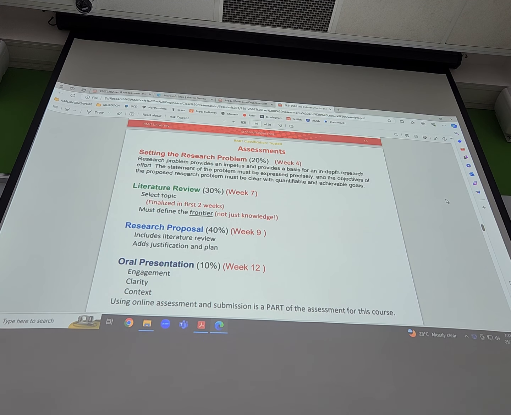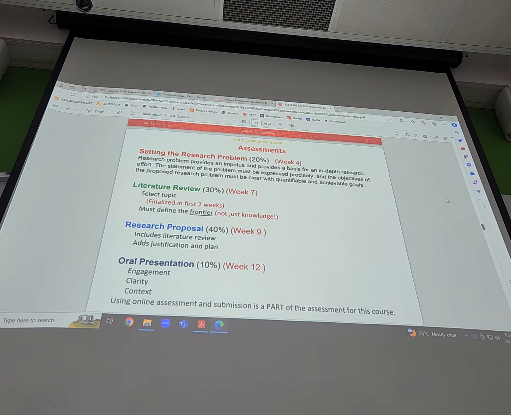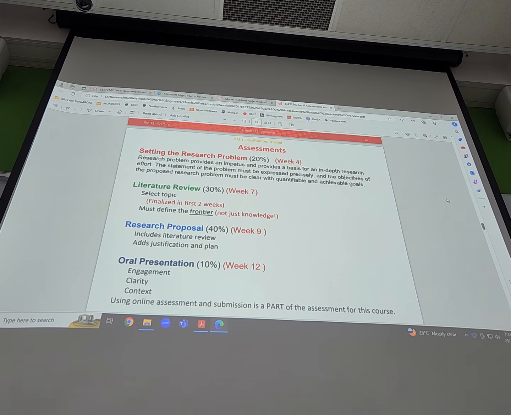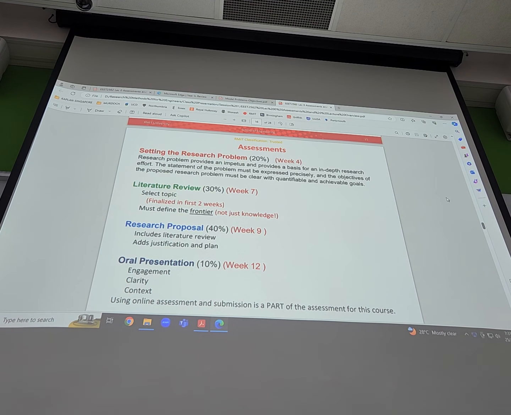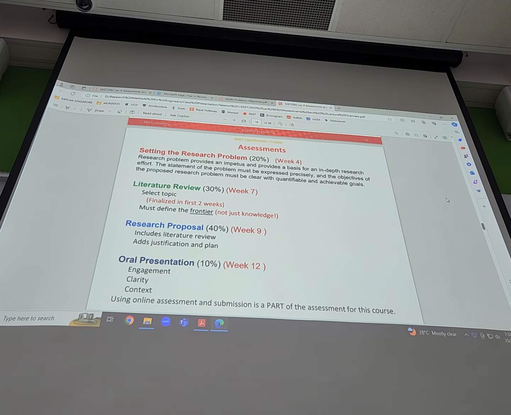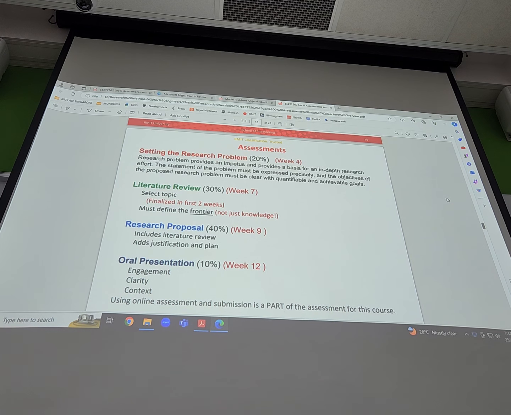All right. Okay, so this is the assessment part I was talking about in the beginning. You have 20% weightage for the research problem. Under this you are going to write the objectives of your problem and the background analysis of your problem. It can be 4-5 pages, it can be 6-7 pages. It all depends on how effectively and completely you can write.